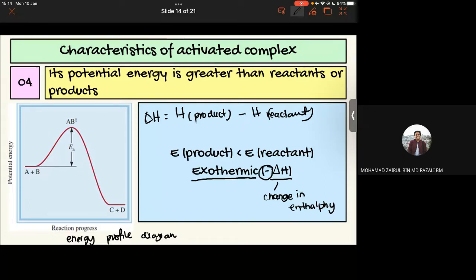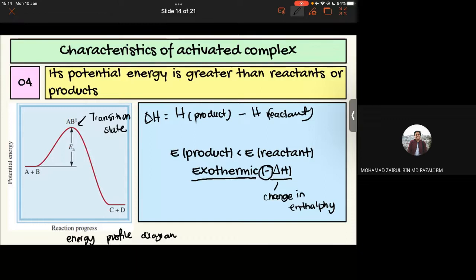Okay, so ini kita punya transition state, sebab macam saya kata tadi, transition state ni potential energy dia mesti yang paling tinggi daripada reactant dengan produk.